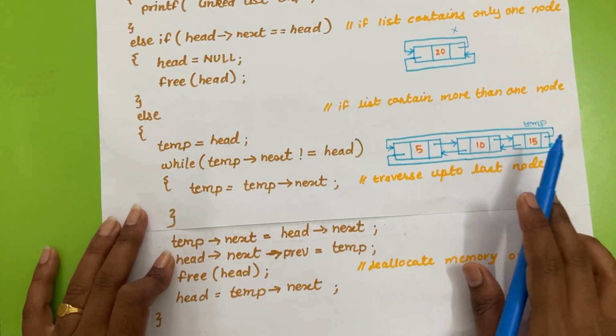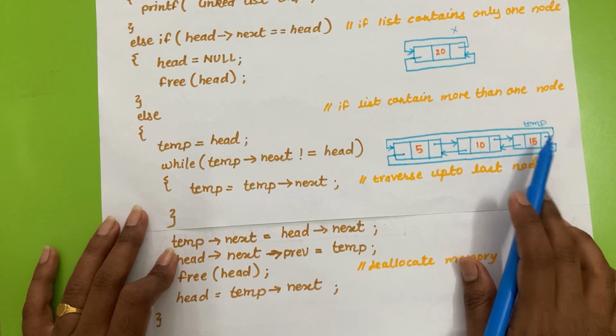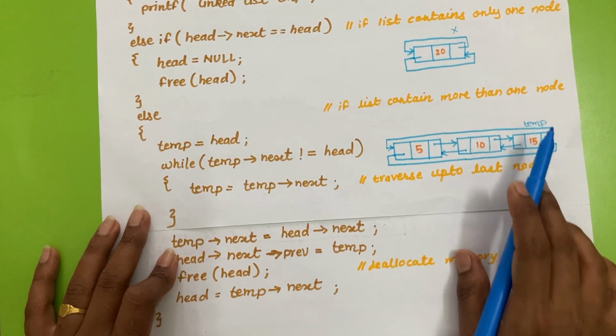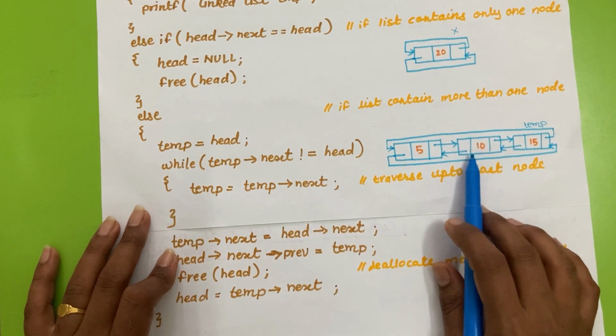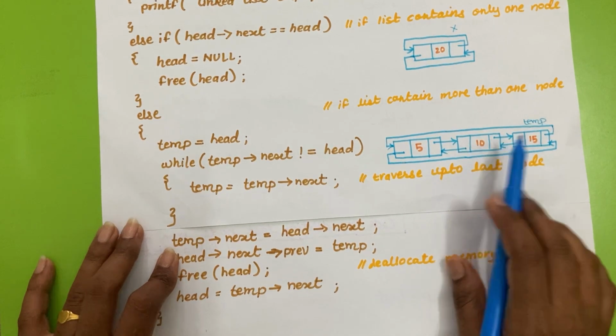Now we need to make changes in the pointer fields of the head node as well as the temporary node, and after making these changes we have to assign the second node as the head node. So what will be the first step?